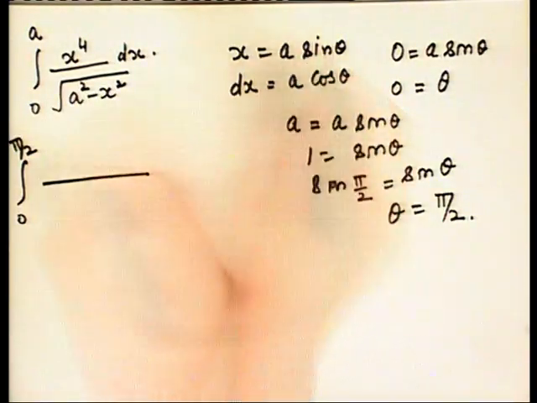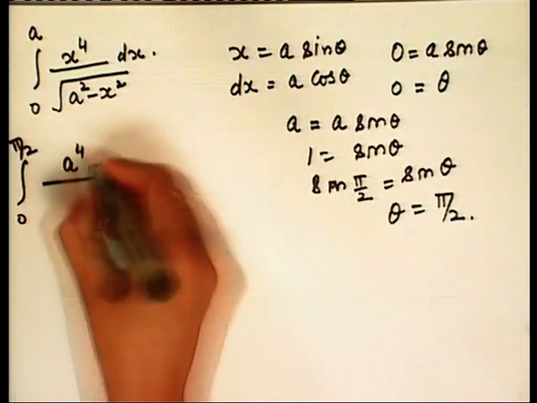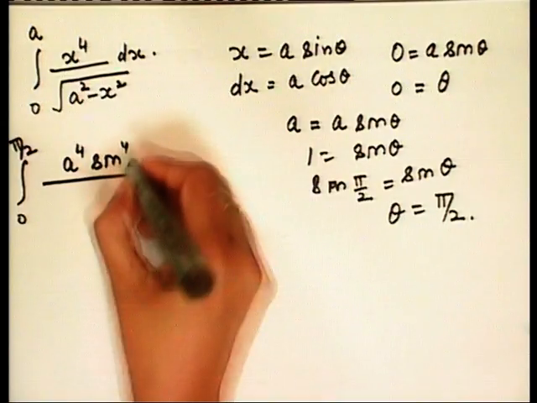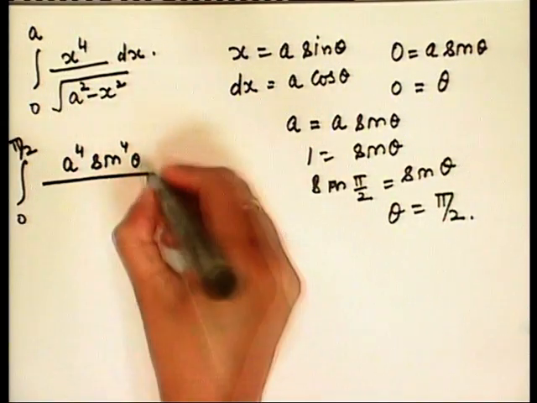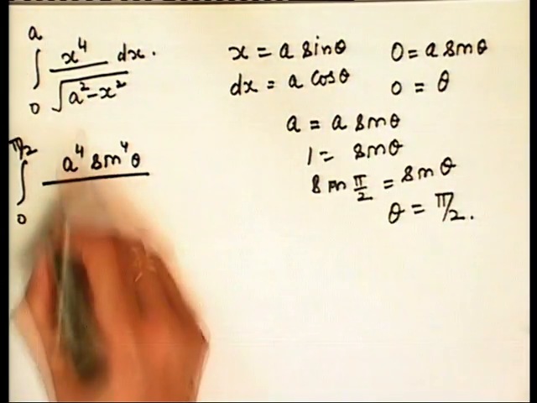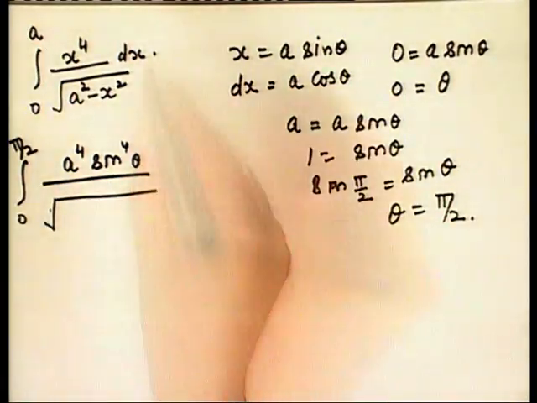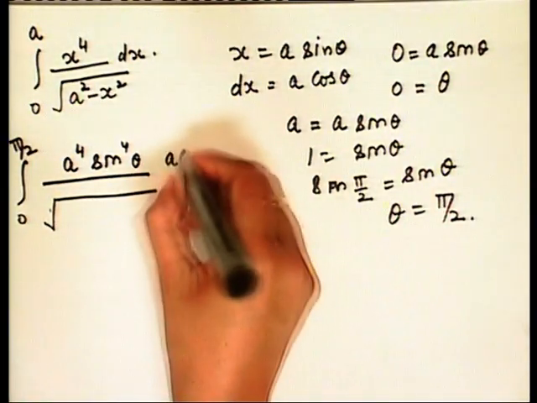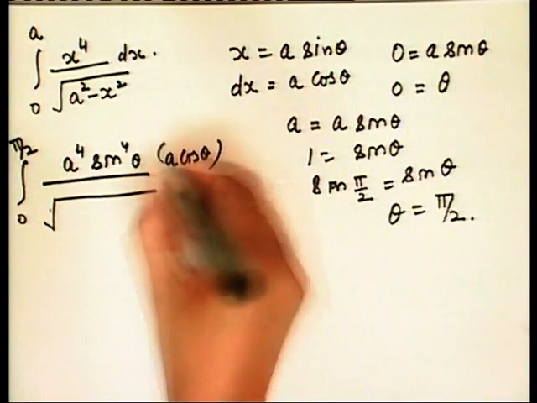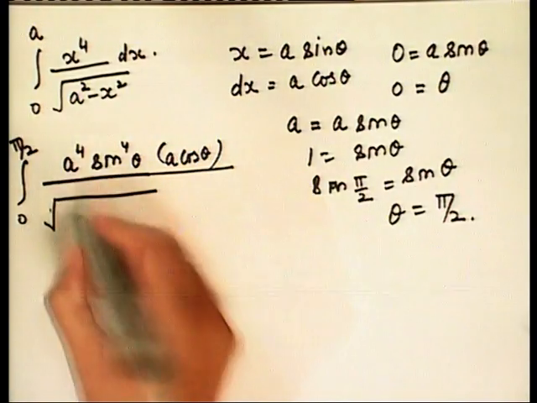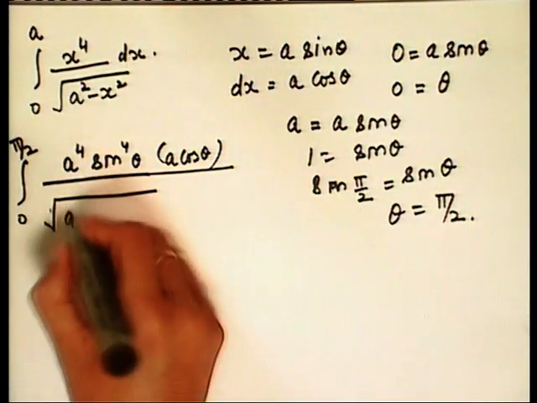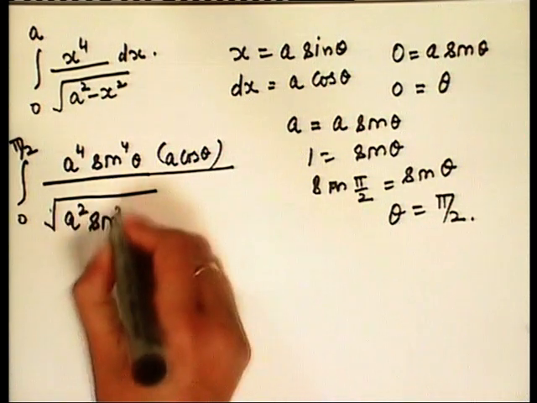x equal to a sine theta, and dx is equal to a cos theta d theta. x square equals a square sine square theta.